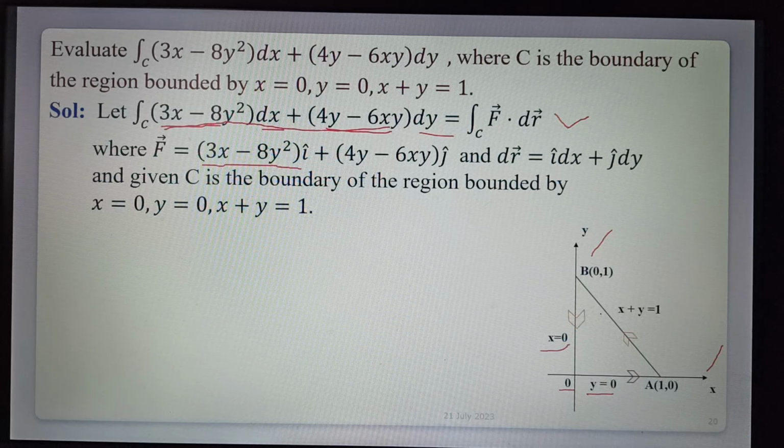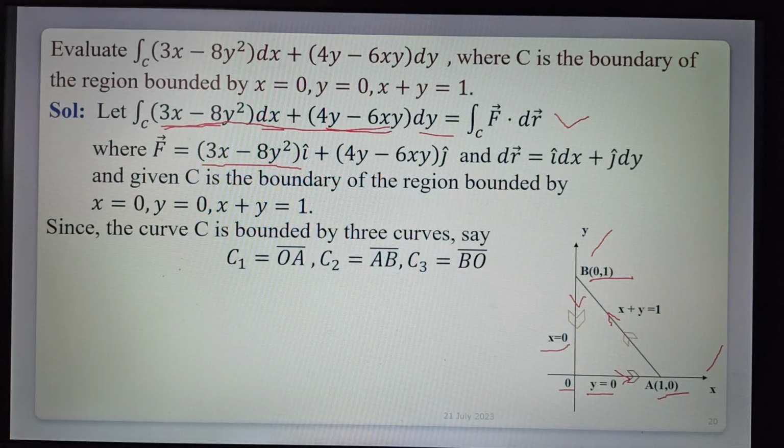The line x plus y is equal to 1 intersects the x axis and y axis at 1 comma 0 and 0 comma 1. So observing, this is the boundary, and this is C: OA, AB, BO. So three lines. The curve is bounded by three lines. Now finding the line integration over OA, AB and BO.